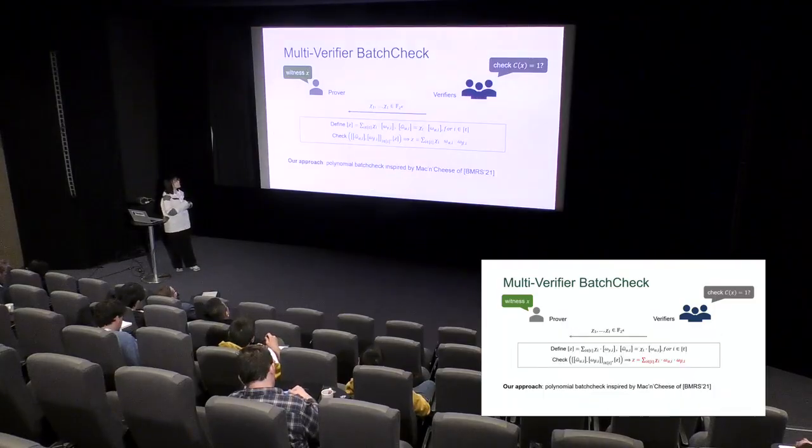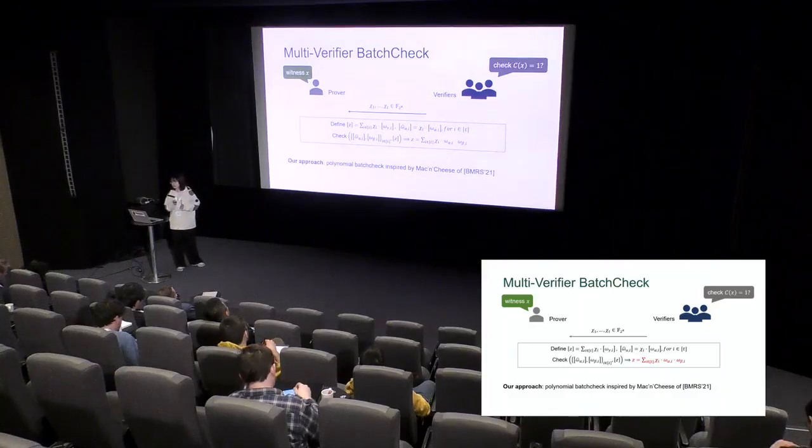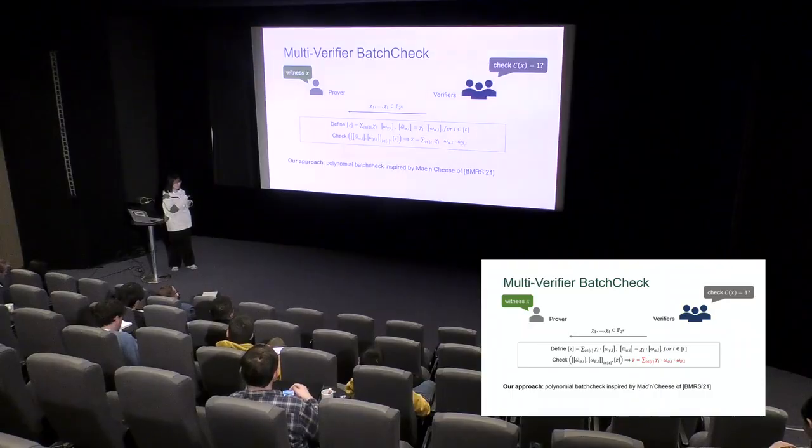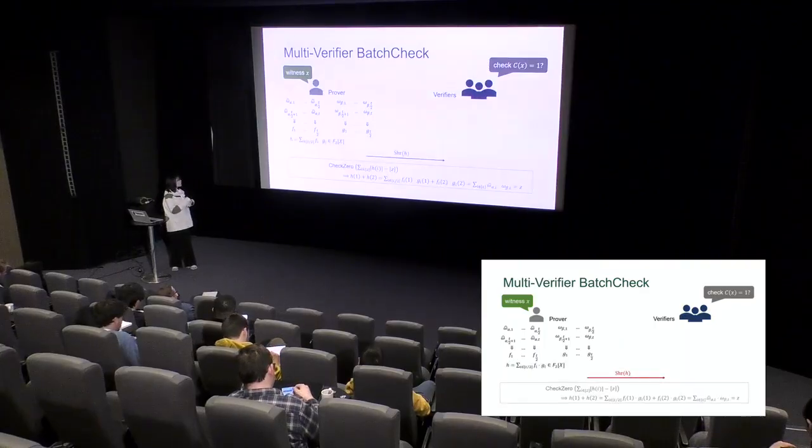So let's see the batching. We apply the polynomial batching protocol inspired by Mac'n'Cheese. The idea begins with the verifiers sending random challenges to the prover, and they randomize the multiplication tuples and check the aggregate product Z. We let the prover turn all the inputs into polynomials of degree 1, and they can construct an inner product of these polynomials.